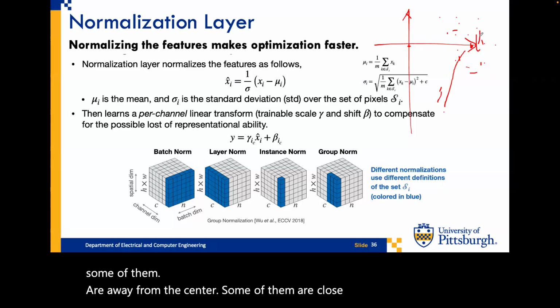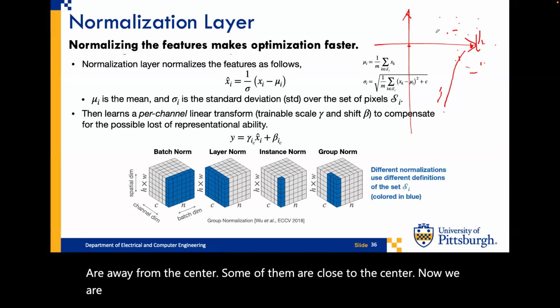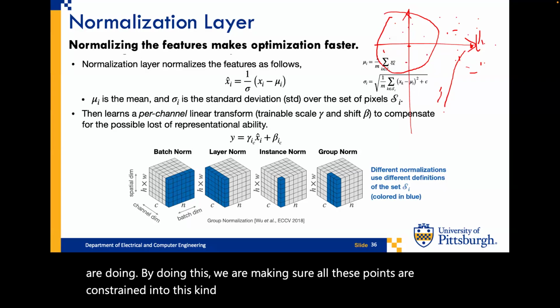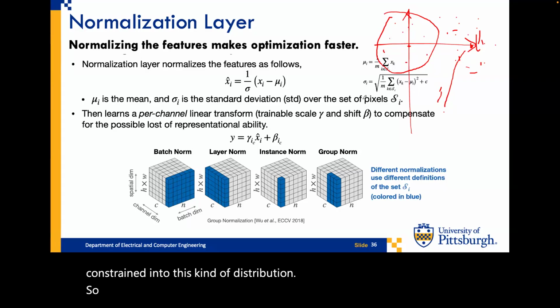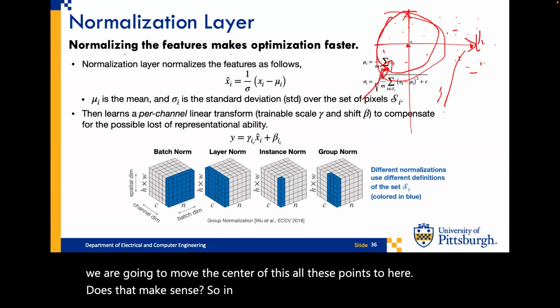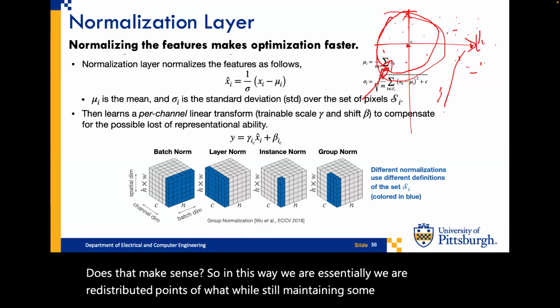By doing this, we are making sure all these points are constrained into this kind of distribution. For example, the far points we are going to pull back to here, and we are also going to move the center of all these points to here. So in this way, we redistribute these points while still maintaining some of the characteristics. All good so far?